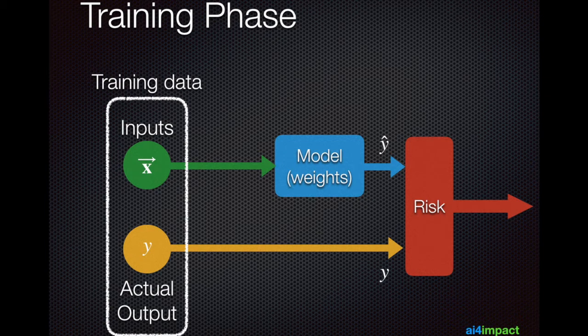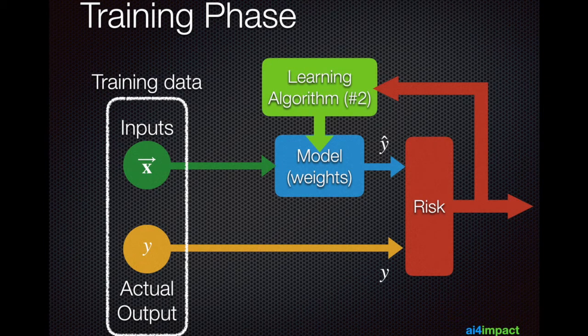This number is logged. But this number, the risk number, or the loss number, or the error number, whatever you choose to call it, is fed into a learning algorithm. This is really the part 2, which we're going to discuss later on in this session. This learning algorithm then reaches into the model and changes its weights slightly in response to the risk that is fed to it. This cycle is called one iteration.